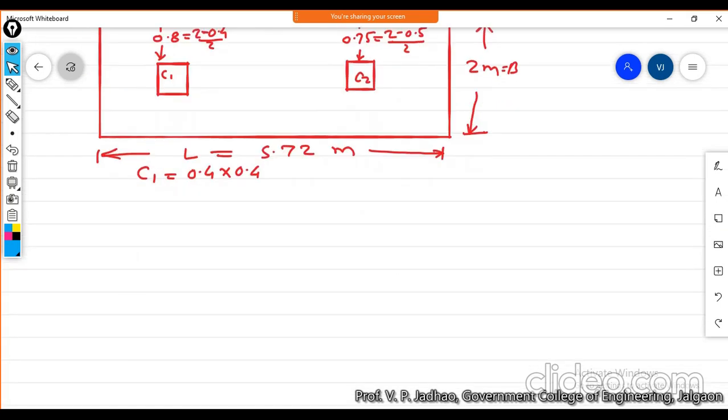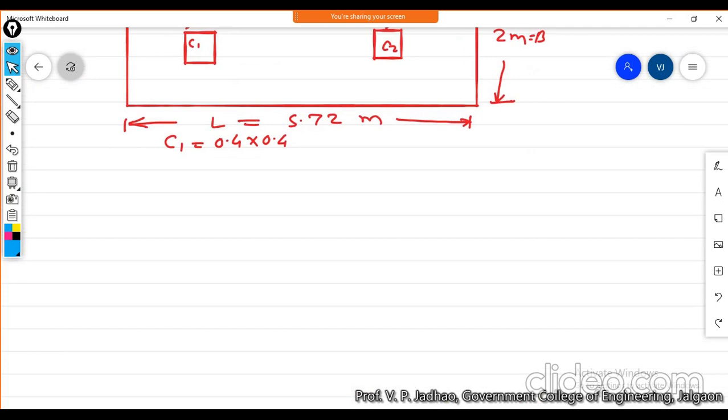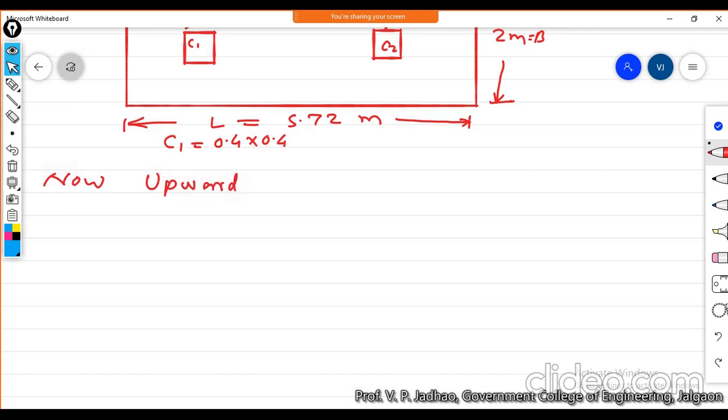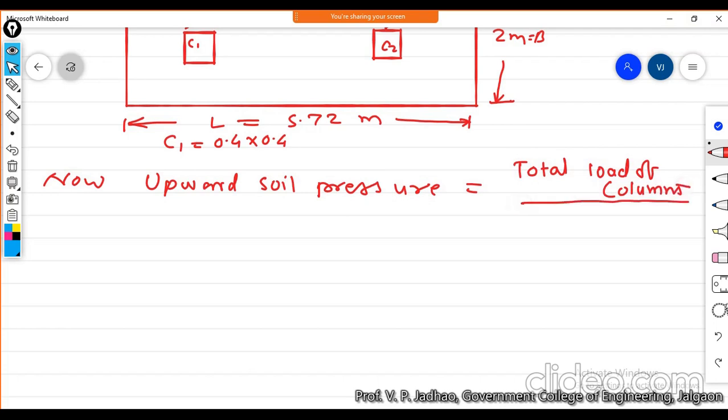The upward soil pressure is equal to total load of columns divided by area of footing.